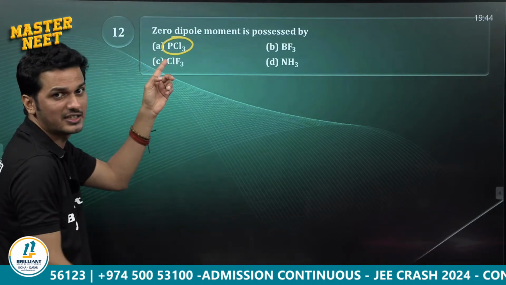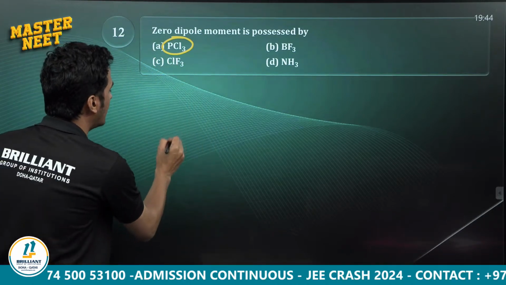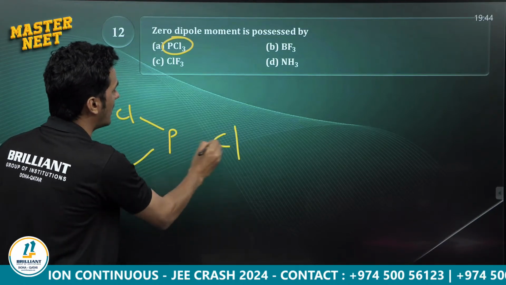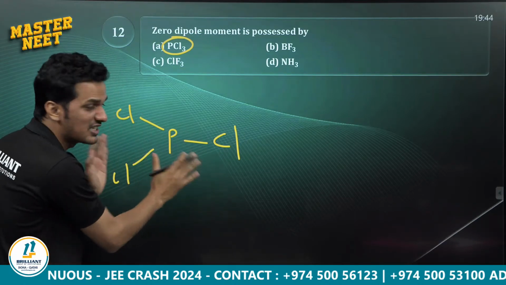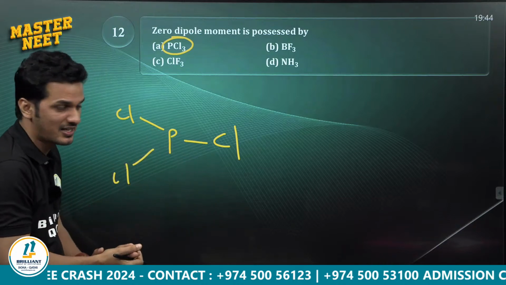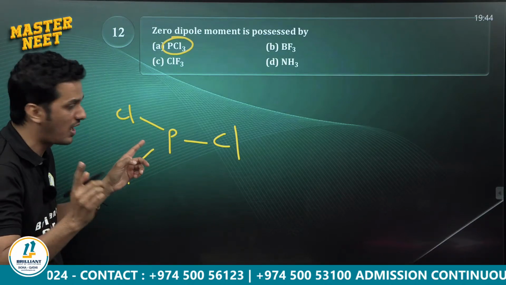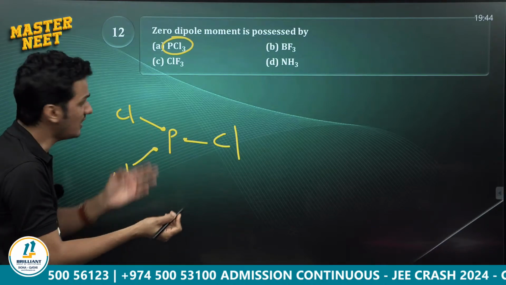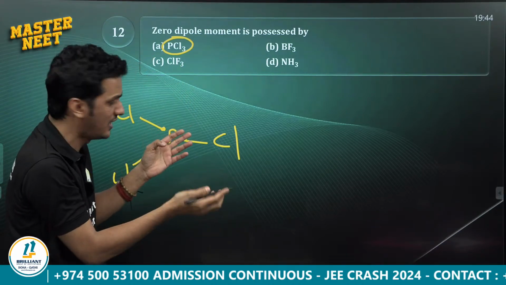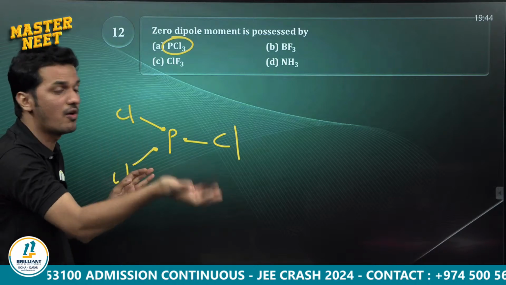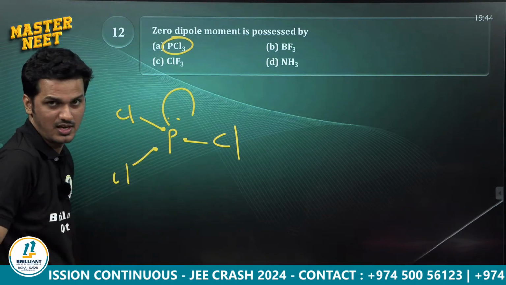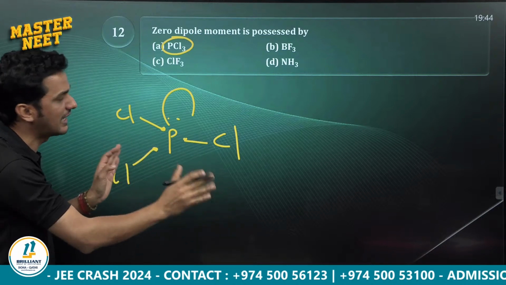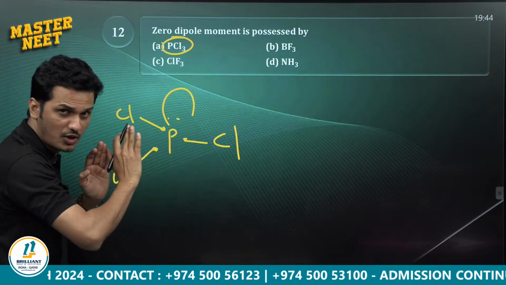In the case of PCl3, only 3 bond pairs are there, but along with that, 1 lone pair is also there. That's why it is not symmetric, so its dipole moment is not 0.